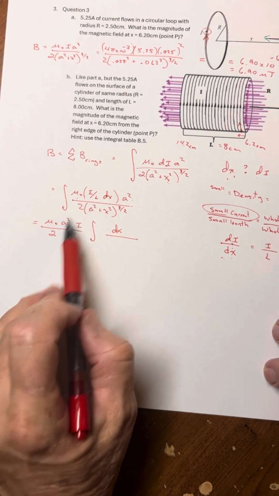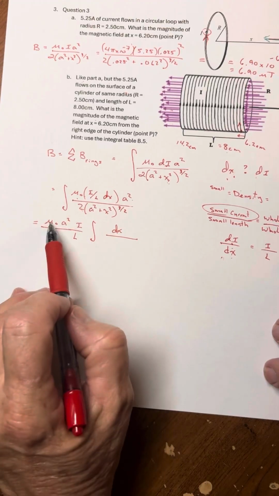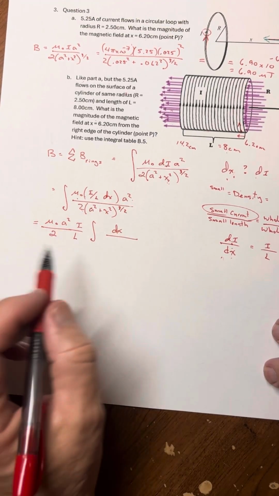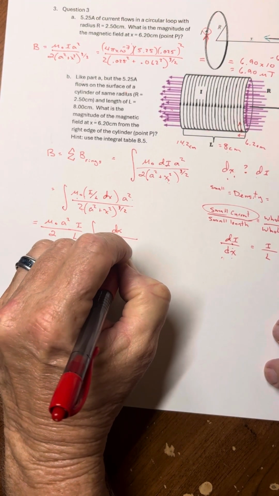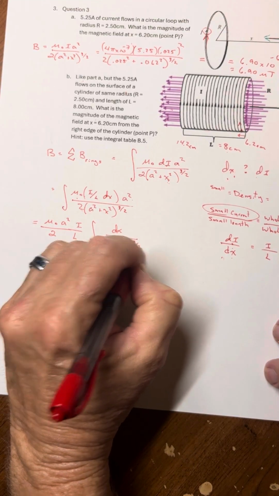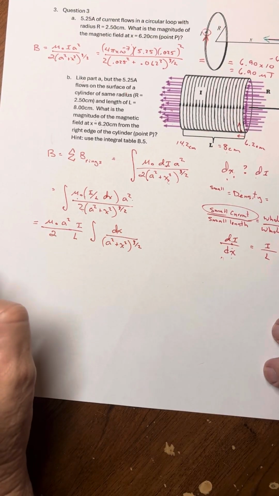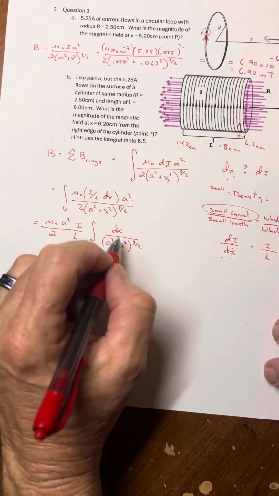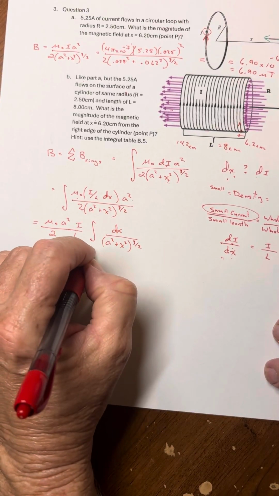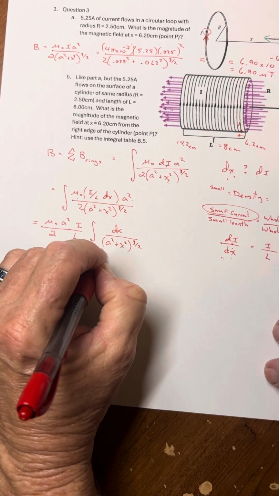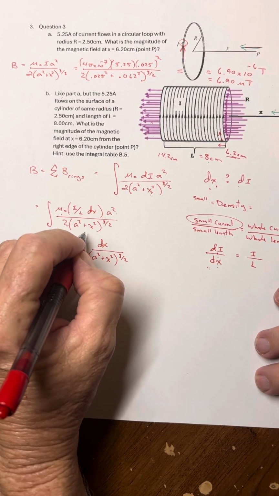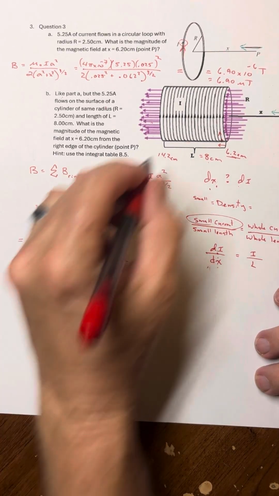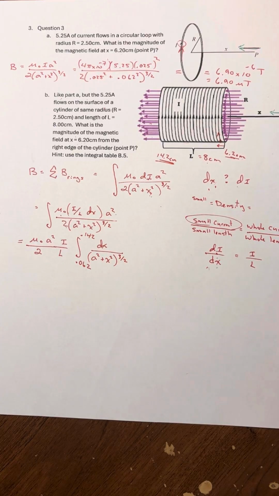So it looks like downstairs I have the 2 and the L, and upstairs I have the mu naught, the I, and the a squared. And I'm still left with this a squared plus x squared to the 3/2. And then, of course, the limits of my x are the 0.062 that we talked about earlier, and the 0.142, which was also talked about. Okay.